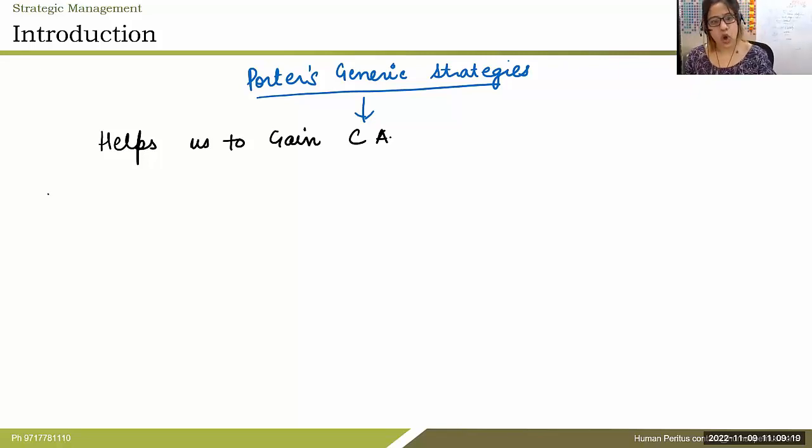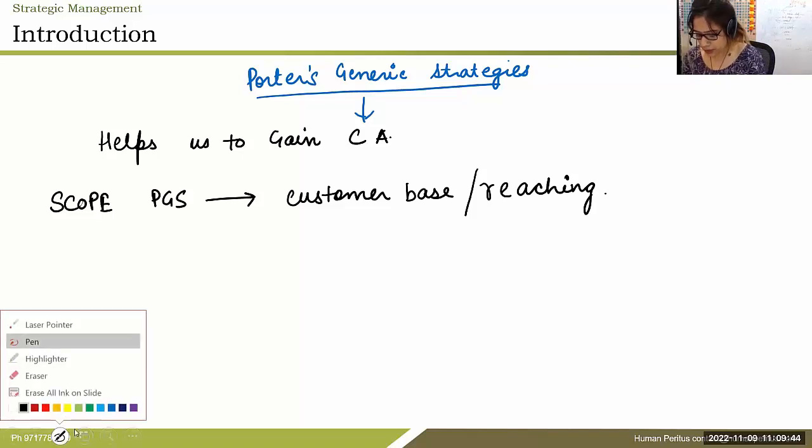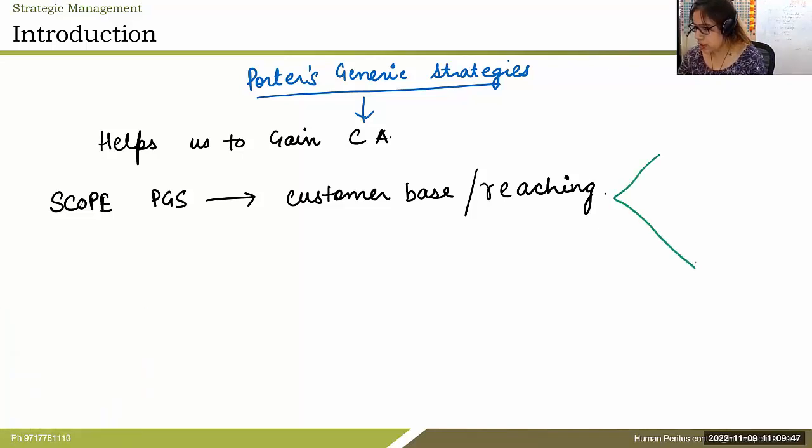Now, when we talk about Porter's generic strategies, here we are going to talk firstly about the scope. What is the scope of Porter's generic strategies? Scope means we are talking about the customer base or where we are reaching, which is divided into two fragments, that is a broad market or a narrow market.